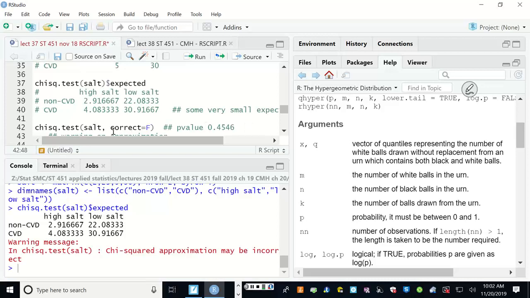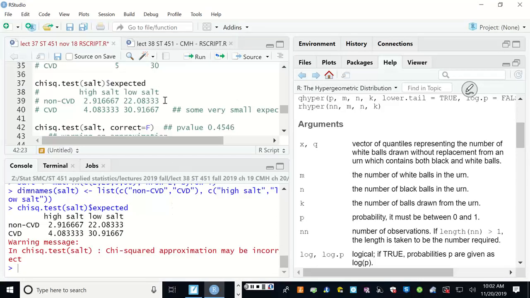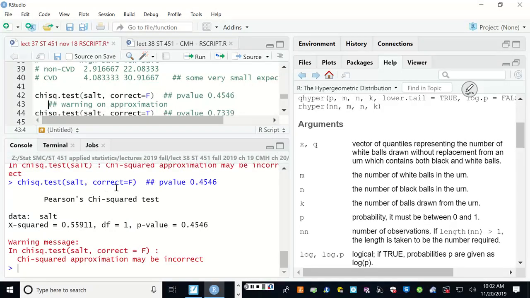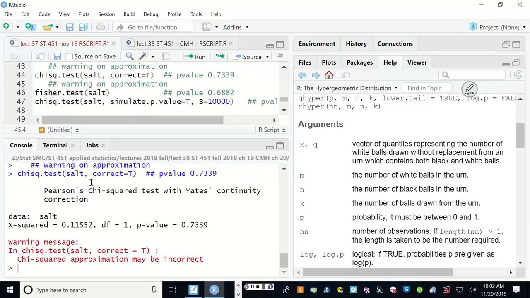The p-value with this one, let's see, I run that thing, right? So it's almost 2. The uncorrected one without the correction gives a p-value 0.4546, so no real association. As you do the correction, it's a pretty big change in the p-values and in the statistic values, relatively. It's kind of warning you that it might be small.